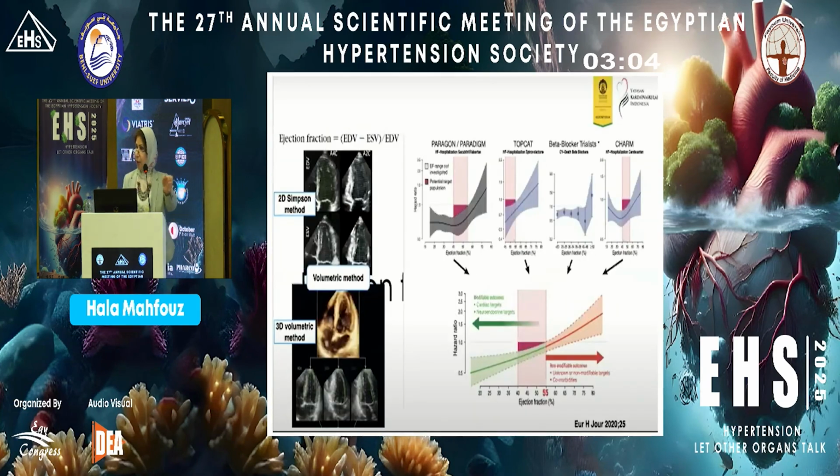Again, what's important is the use of ejection fraction. This very old and important parameter is used almost in all heart failure trials. The Paragon, the Paradigm, the TOPCAT, the CHARM trials, they all used ejection fraction as a prognostic marker.